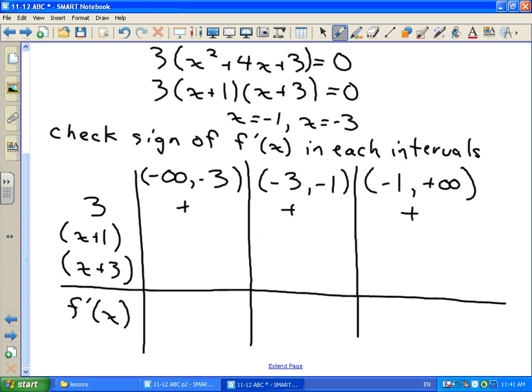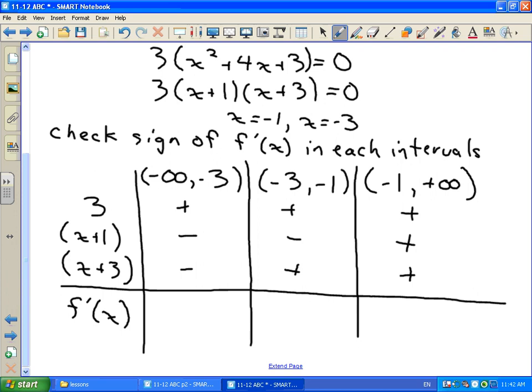The x plus 1 is going to be negative, negative, and positive. Okay? And the x plus 3 is going to be negative, positive, positive. Okay? I always do them going across because I know that each term, if it changes sign, should only change sign once in each row going across.